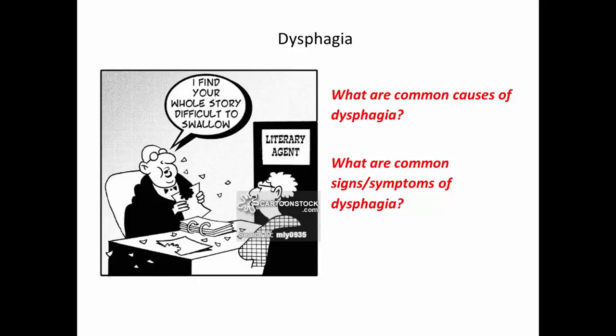There's a lot of behavioral things that you can look for, things like refusing to eat, or increased behavioral problems around food, around dinner time, or taking a really long time to eat, or loss of appetite, or loss of weight, or people wanting to be all by themselves because they're embarrassed because they're having difficulty swallowing, especially seniors. So those are a few things, and I bet you can think of a bunch more.